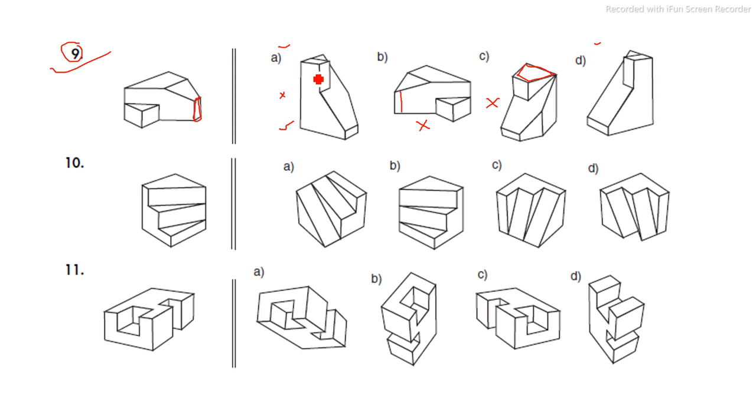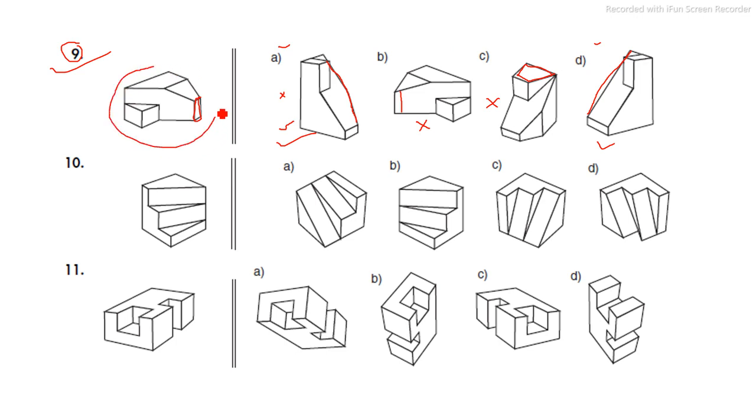Here we have to understand a little bit of logical things. If you try to analyze this figure and this figure, you can see this slope-like structure, right? Here you see a slope-like structure.